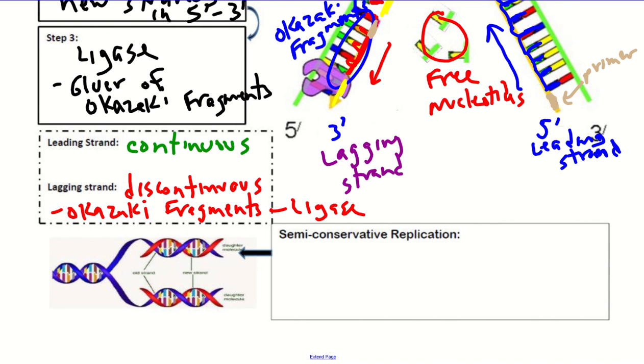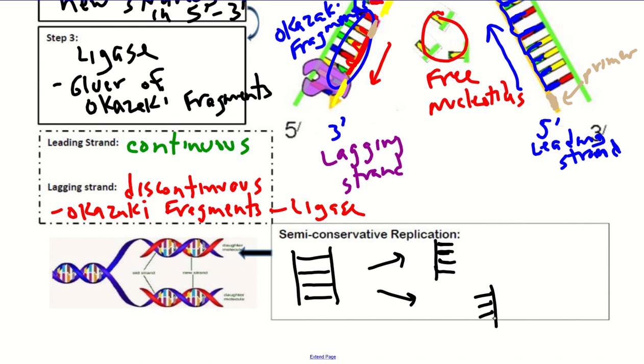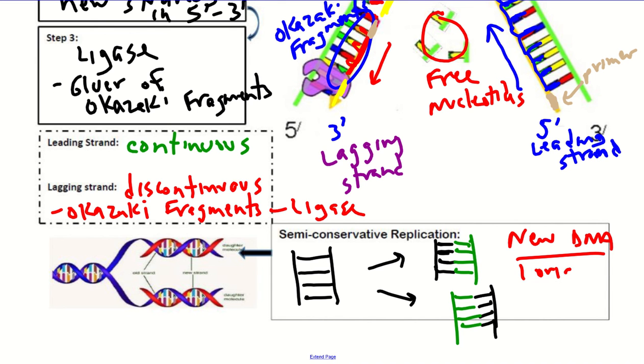What this means, if this is our original DNA molecule, whenever it splits, both resulting DNAs that are formed still have one original strand and one new strand.